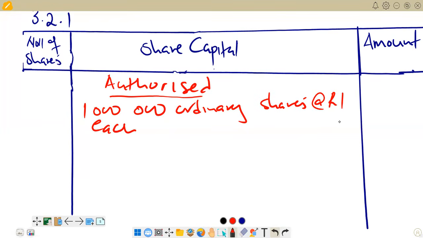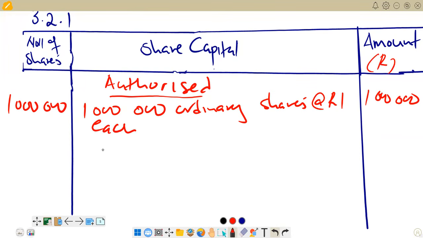Right. Then this number of shares, we put here 1 million. So we are just showing that that's what we have. And then the value, if you calculate there, we also get 1 million here. So this is the value. So here the amount is in rands.